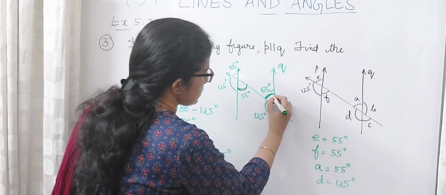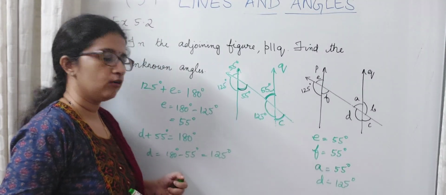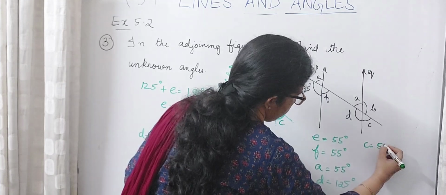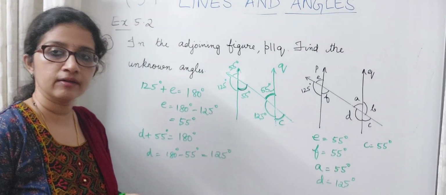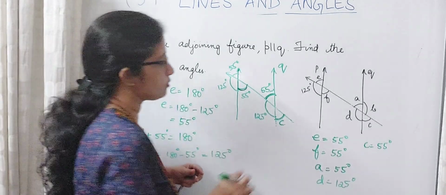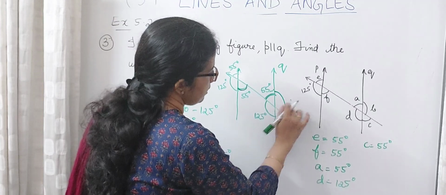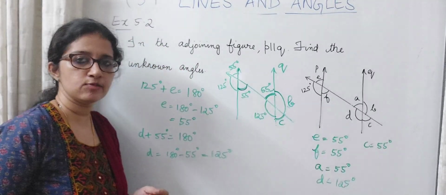So if this A is 55 degrees, C is also 55 degrees. So C is equal to 55 degrees. Are you clear? Now the only angle which we have to find is B.